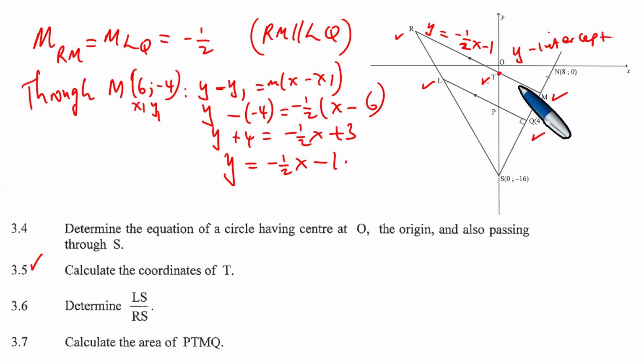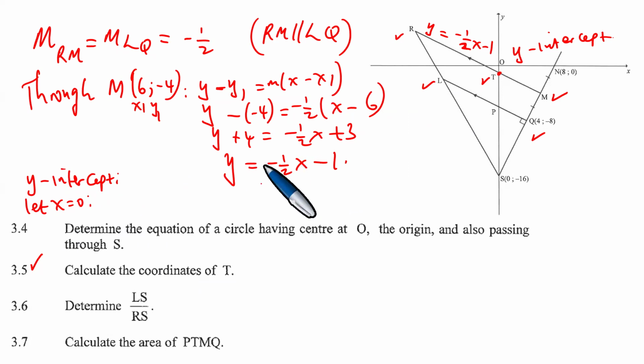How do you find the coordinates of a y-intercept? To do that, you let x be equal to 0 in the equation, so that you have minus 1/2 times 0, minus 1. Minus 1/2 times 0 is 0, minus 1 is equal to minus 1.